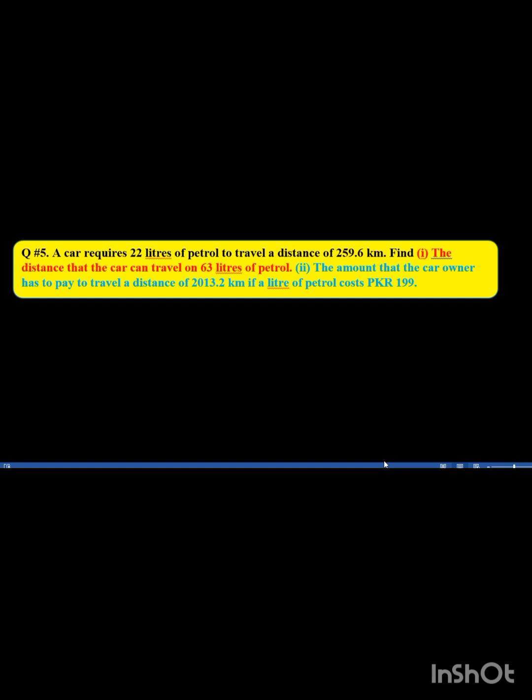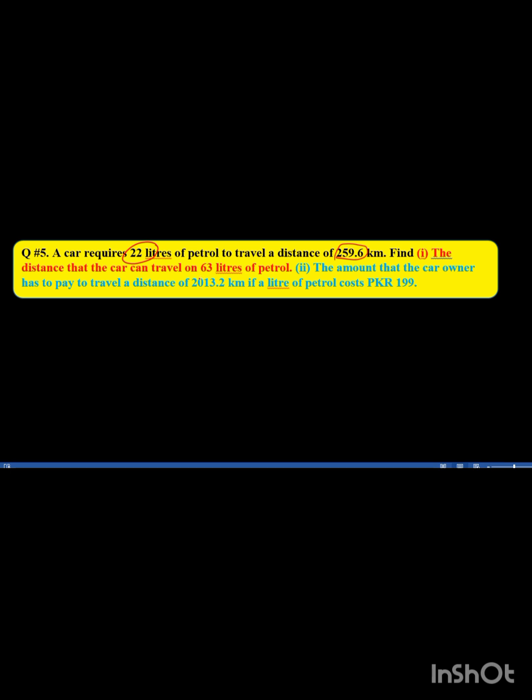A car requires 22 liters of petrol to travel a distance of 259.6 kilometers in 22 liters. So what is the distance that the car can travel on 63 liters of petrol? First we have to find the distance traveled per liter.